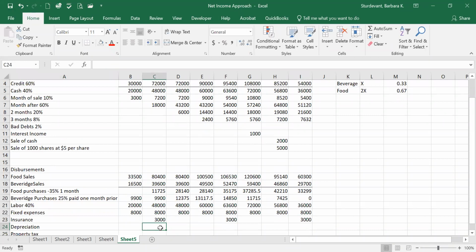All right, depreciation. Okay, depreciation is $3,000 a month. What do I do with that? What do I do with depreciation on this cash budget?